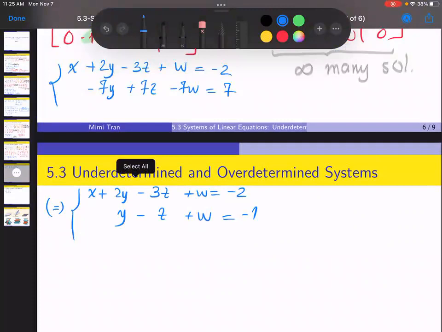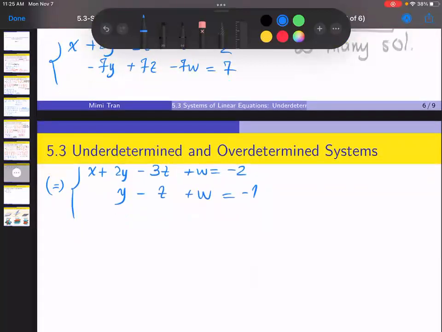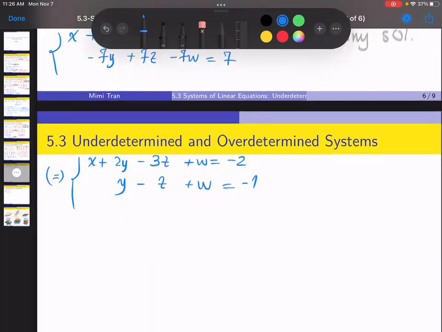So you're gonna let w equal, just a letter, T, right? That's a particular solution. It's not wrong, but it's a particular solution. I want the general solution. So let W equal T. Then what?